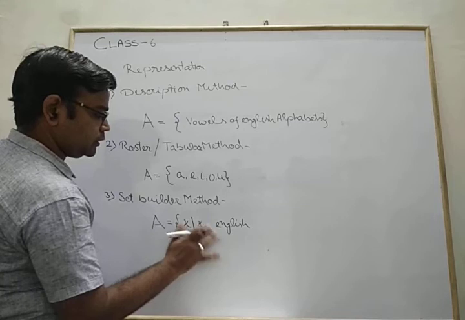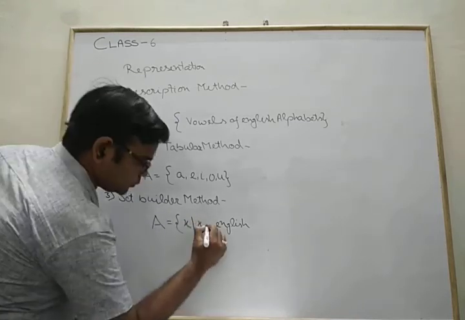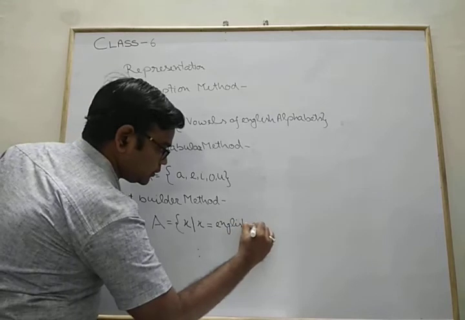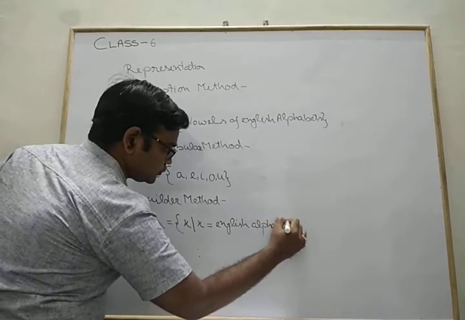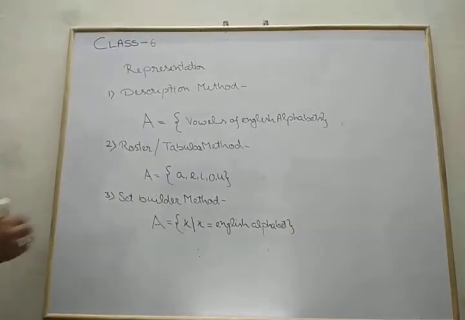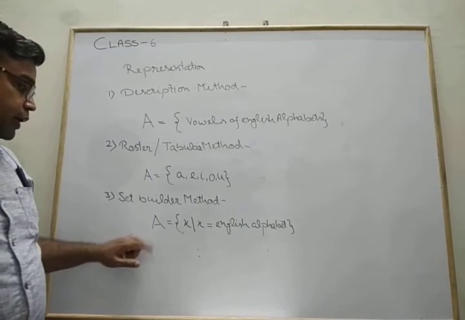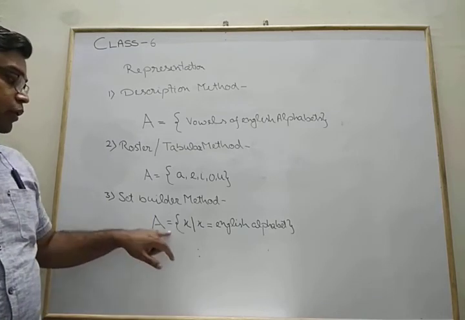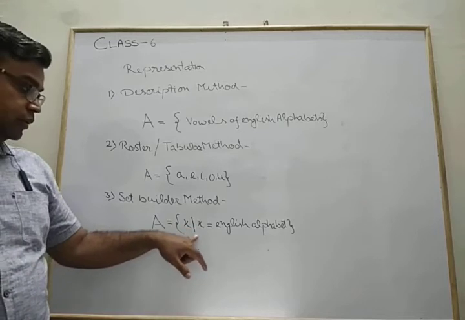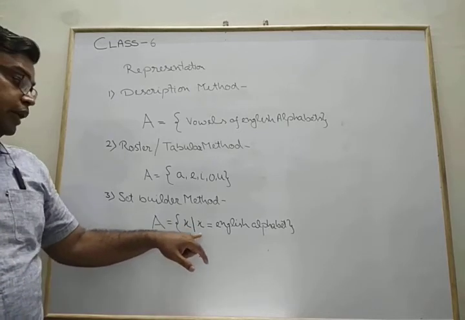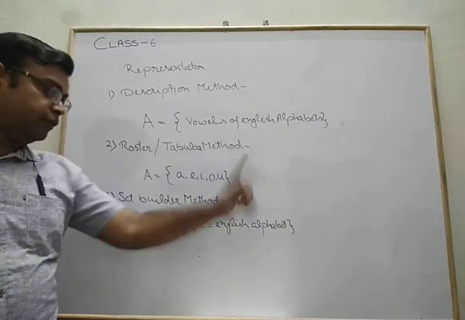Either you can write is or you can write equals to English alphabet. Now, see very carefully. Set A is a set of elements x such, this symbol says such, that there is a condition for x equals to English alphabet.